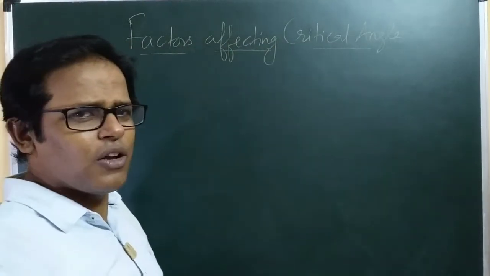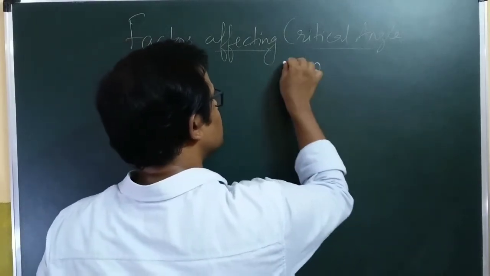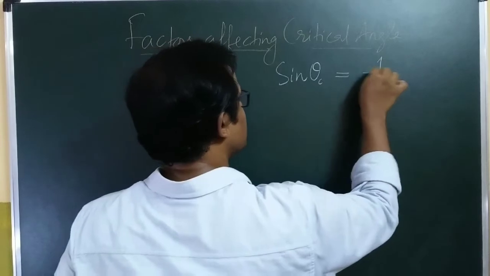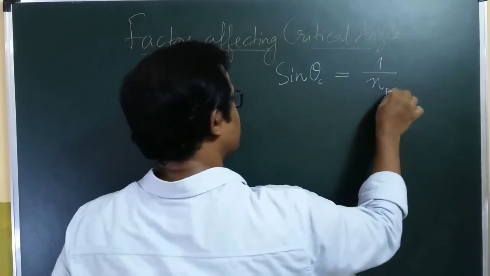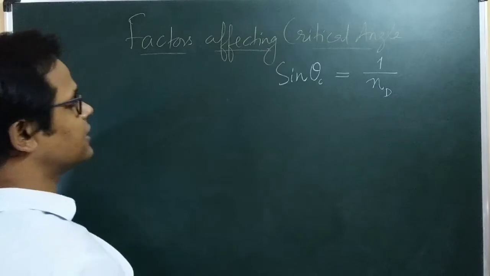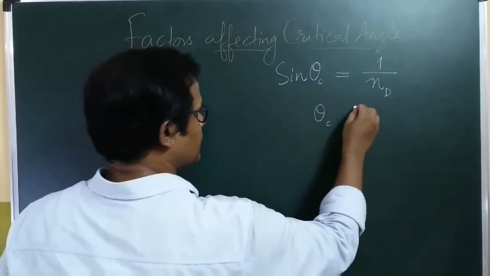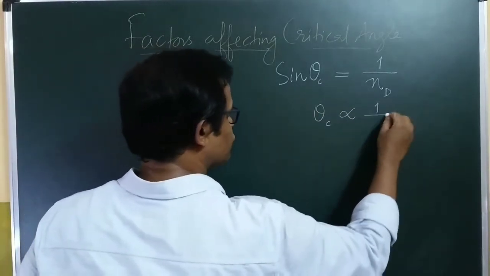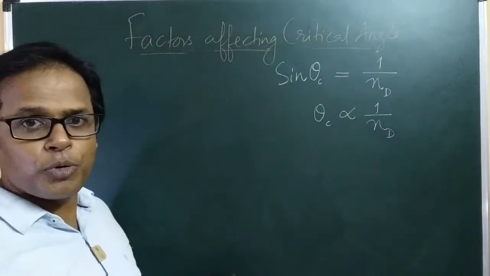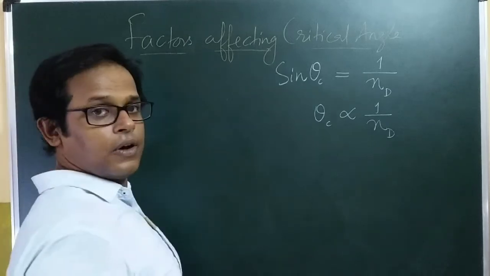That can always be easily seen if you remember the formula that sine of theta c comes out to be 1 by nd. So my dear, you can clearly see from here that the critical angle of incidence, theta c, is inversely proportional to the absolute refractive index. Alright?